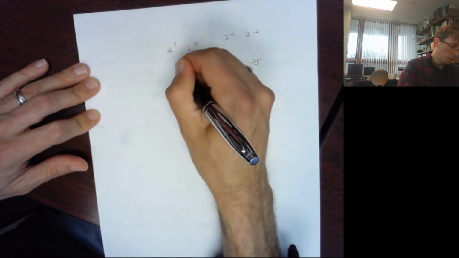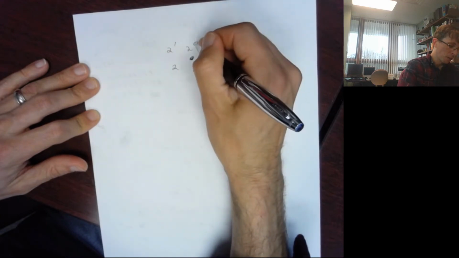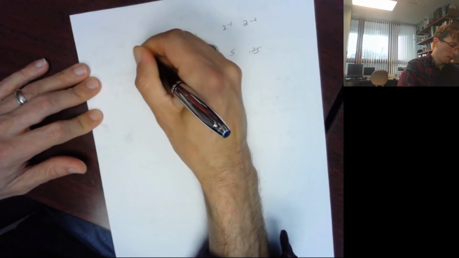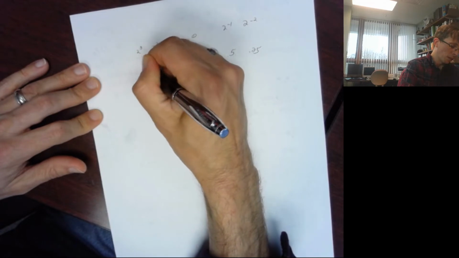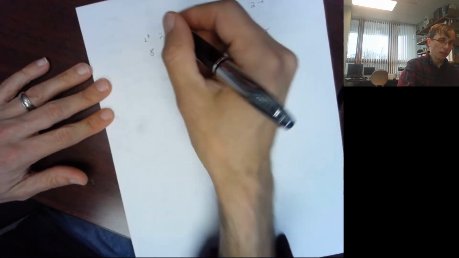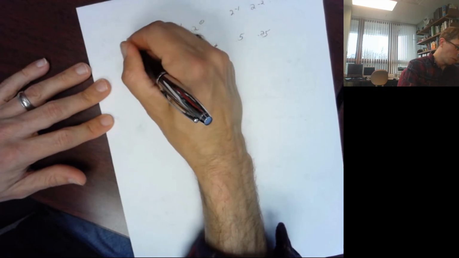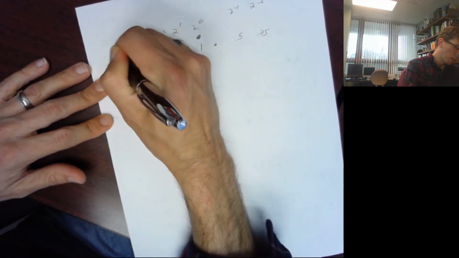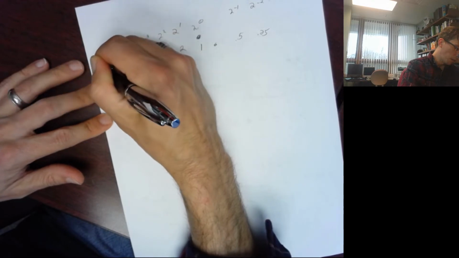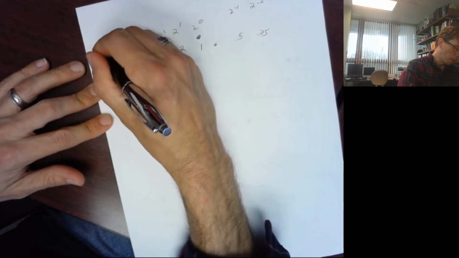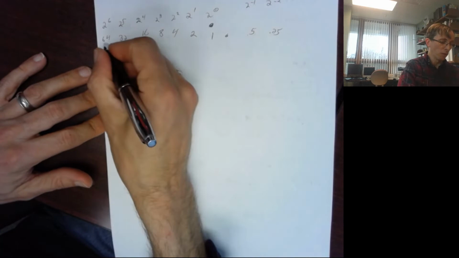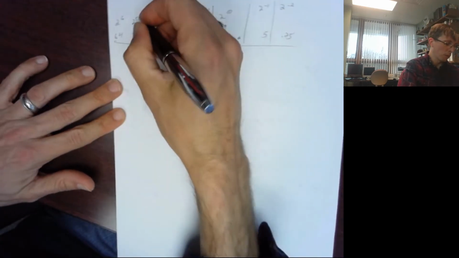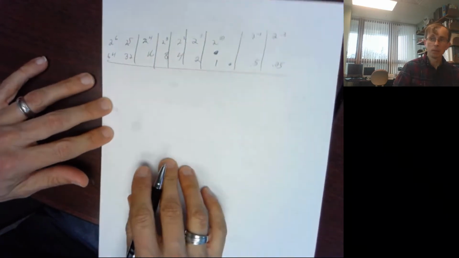You have 2 to the 1st, which is 2. So the 1s, the 2s, the 4s for 2 to the 2nd, 2 to the 3rd for the 8, 2 to the 4th, the 16, 2 to the 5th, 32, and 2 to the 6th, 64, and so on and so forth. And just like with the decimal number system, we can divide those up there.